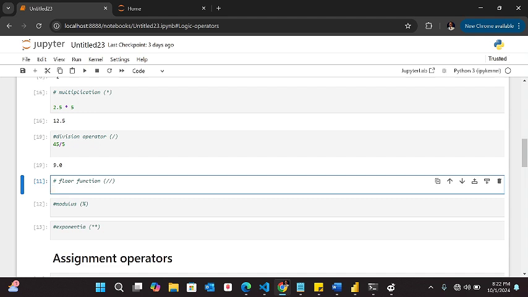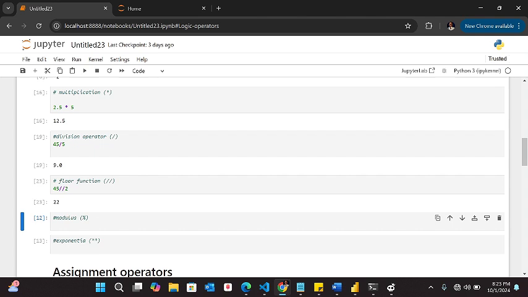The floor division operator returns the result of a division as the nearest whole number. So it leaves out the fractional part or the decimal points, right? And returns only the whole number of the division. So let's have 45 floor division by 2 and we have 22, right?